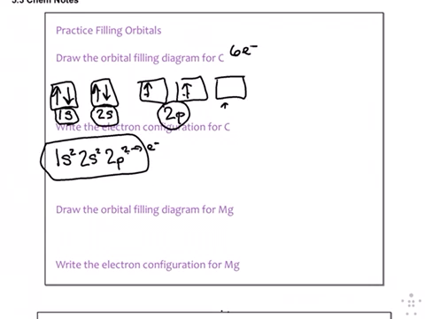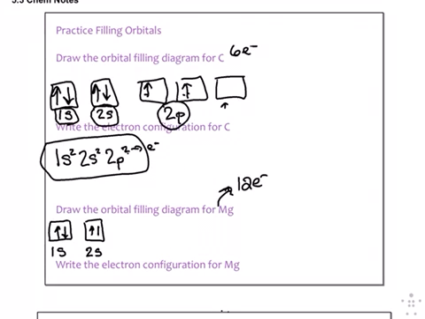Now the magnesium one, and try it again. So how many total electrons do we need here for magnesium? 12 electrons, okay? So we start with 1s. We have to fill 1s first, so we have to put 2 electrons in 1s. Then Aufbau's chart puts us at 2s.